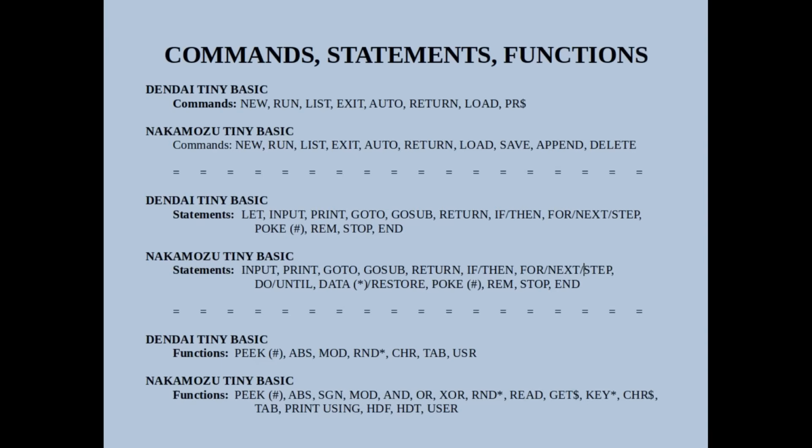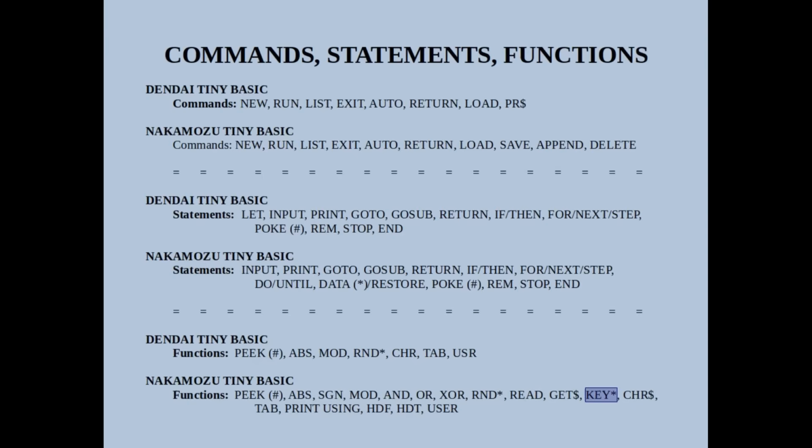Now, the myriad of functions that Nakamozu Basic allows you are really fantastic. You've got logical bitwise operators here. Read that goes along with data and restore, of course. GetString works like GETKEY in Commodore 3.5 Basic, used on the Plus 4 and the Commodore 16, where you just wait for the input of a character.